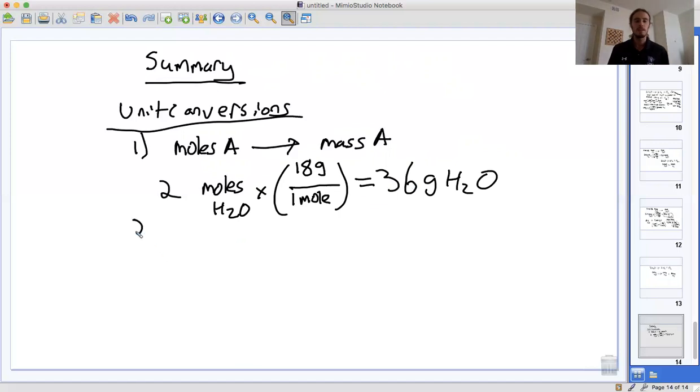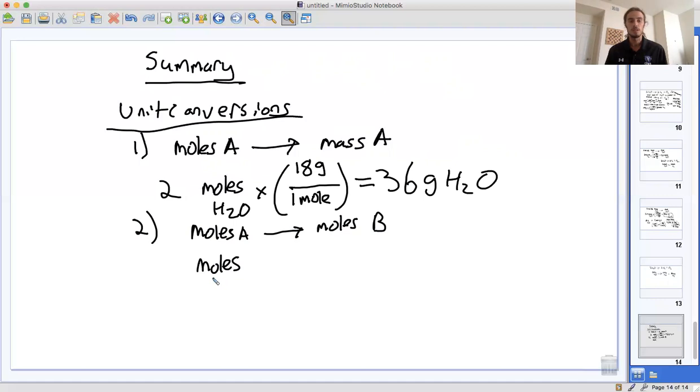We then looked at converting moles of one substance to moles of another, right? So that's a mole to mole problem, right? And so you're going to end up taking the moles of one substance, so let's say moles of water, and multiply by a ratio of the coefficients.